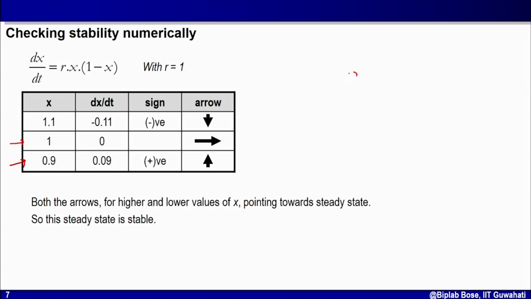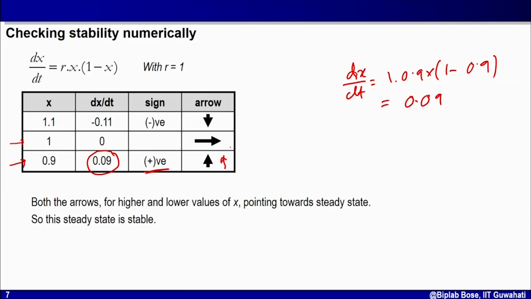So then in this case dx dt will be equal to r, that is 1, into x, which is 0.9, into 1 minus 0.9. So this is equal to 0.09. So you have 0.09 here in this column. As the sign of this derivative is positive, that means with time x will increase. So our arrow in the arrow column is an up one.